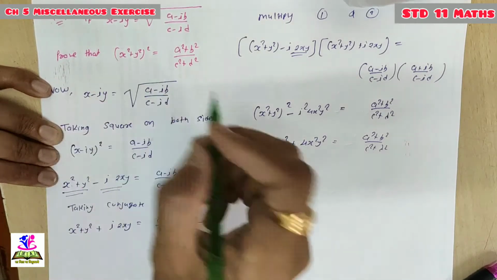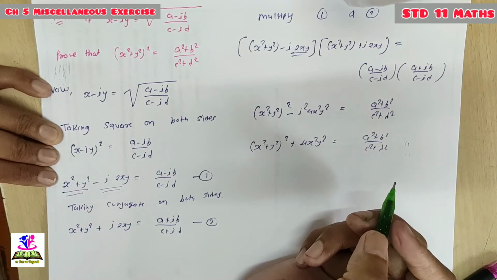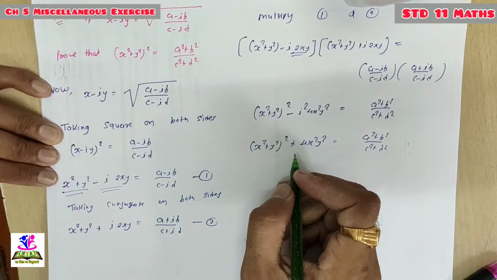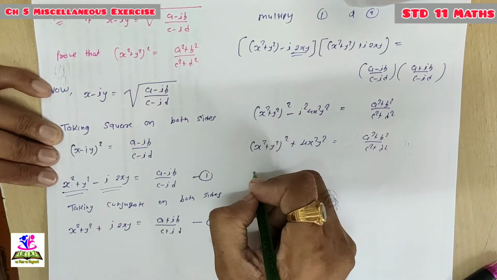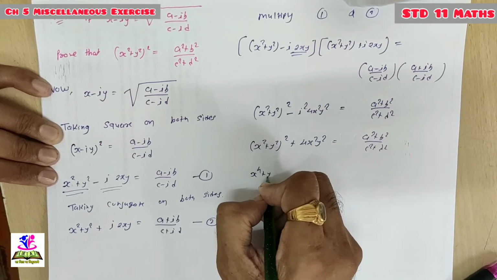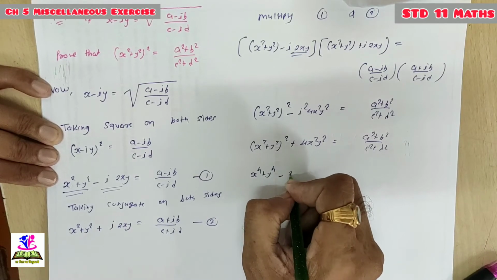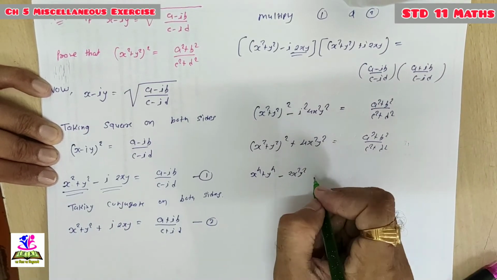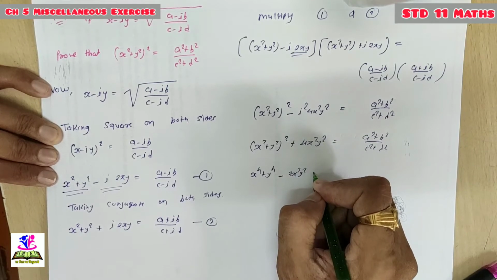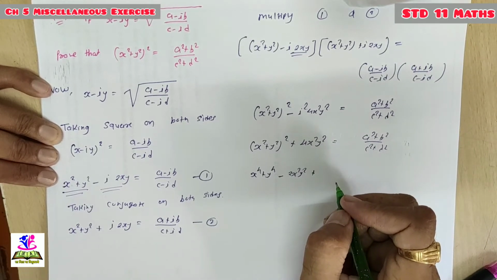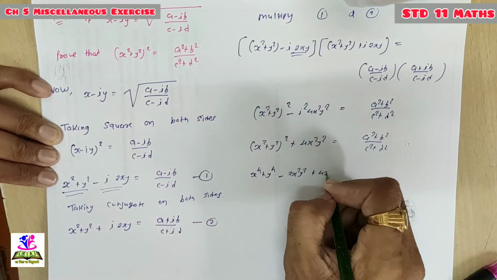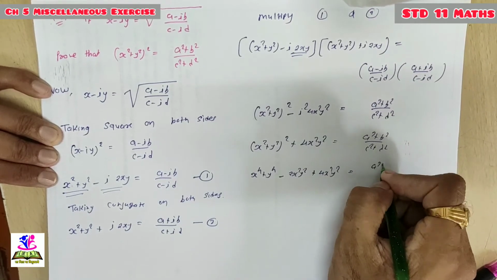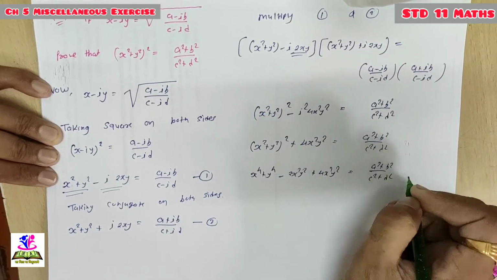So now we have to prove this. We can write x square plus y square as x square minus y square, squared. This one is nothing but x raised to 4 plus y raised to 4 minus 2x square y square plus 4x square y square equal to (a square plus b square) upon (c square plus d square).